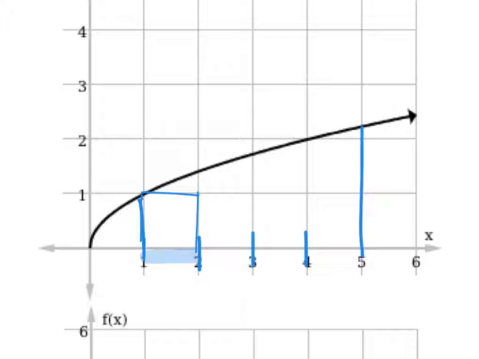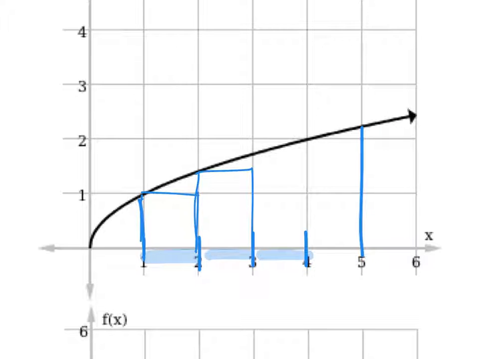All right, and then we do the same thing with that second interval. From between 2 to 3, we're going to use the left-hand side because this is the left Riemann sum. So the left-hand side, which is 2, we start at 2, goes up to the curve, curve over, and then come down. Okay, and then same thing, 3 to 4.